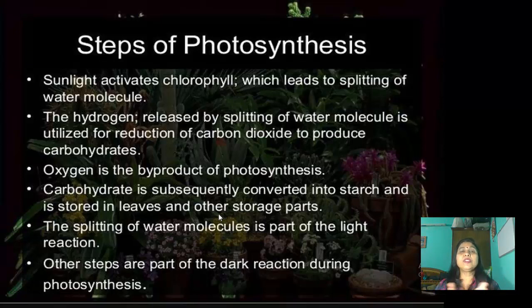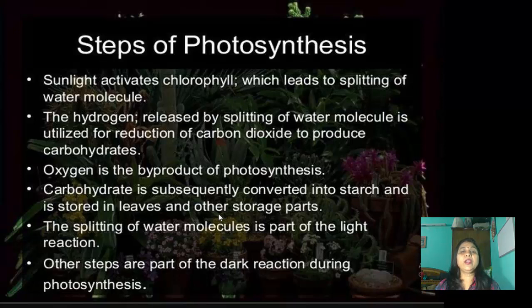When the water molecule, H2O, splits, it forms hydrogen and oxygen, and the hydrogen released by the splitting of the water molecule is utilized for the reduction of carbon dioxide to produce carbohydrates. Here this carbohydrate is glucose. Oxygen is the byproduct of photosynthesis, and this is given out.